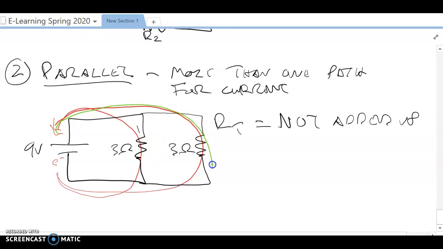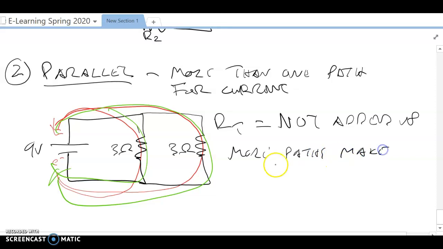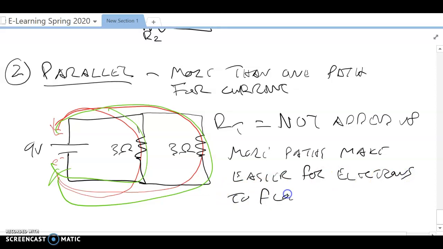Is it harder or easier for current to get through if it has 2 paths? Well, it's easier. More paths make it easier for electrons, also known as charge, to flow.